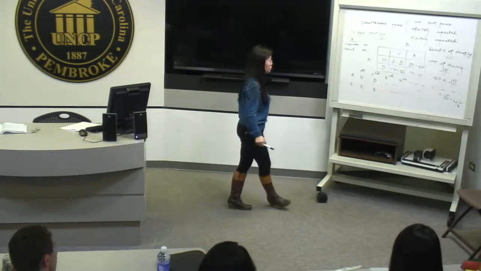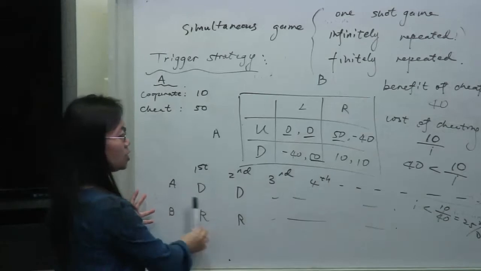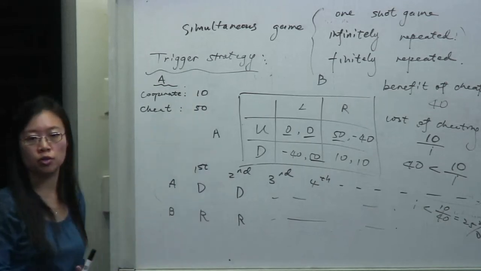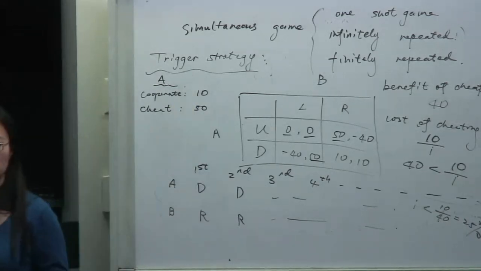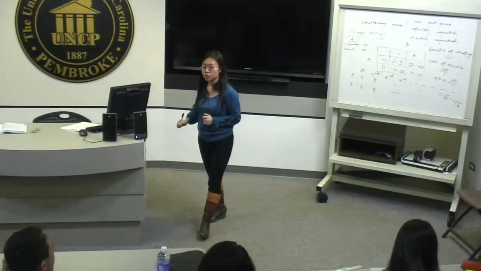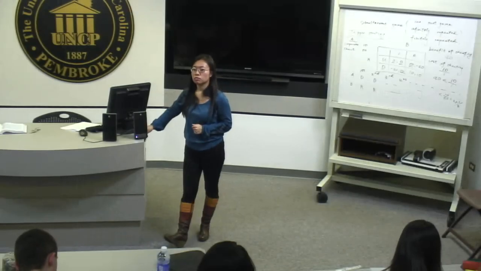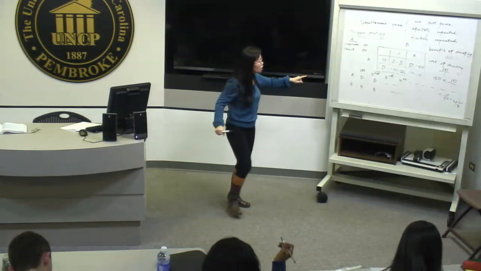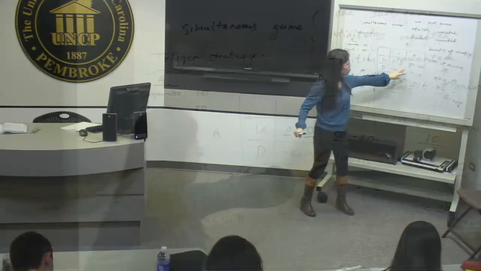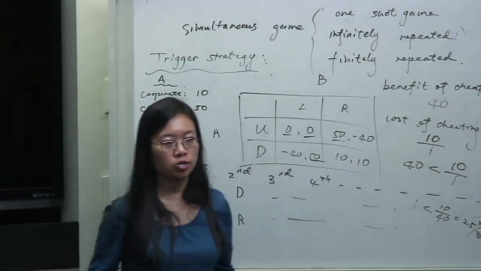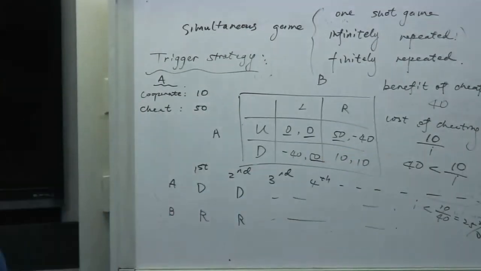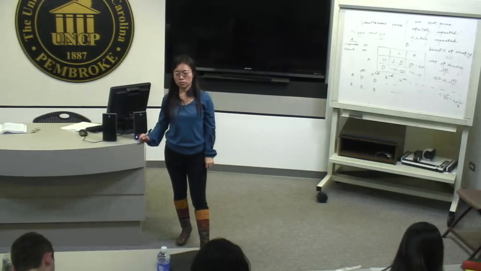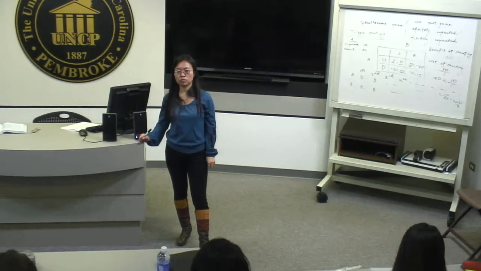Yes, we can have DR as a Nash equilibrium with the support of the trigger strategy. You have to have this support. If it's more than 25%, go ahead and cheat. Under this situation, we may see the cooperative outcome exist.